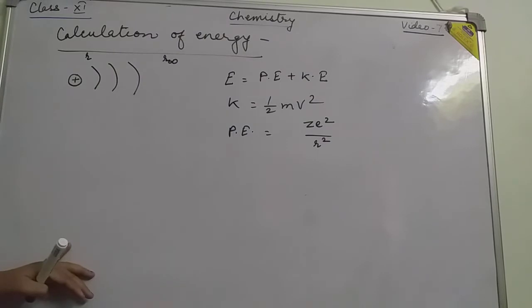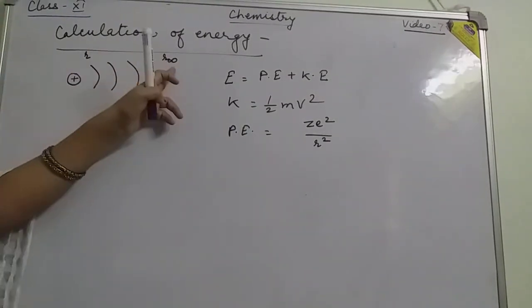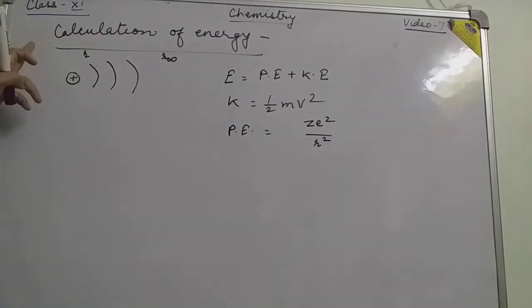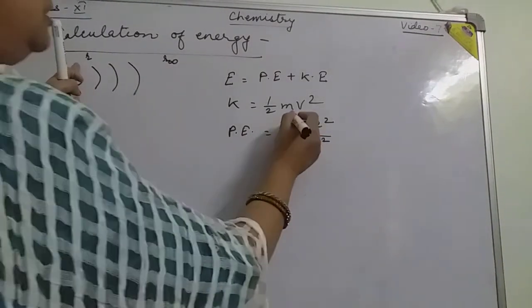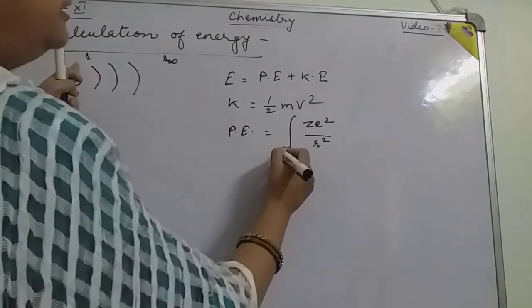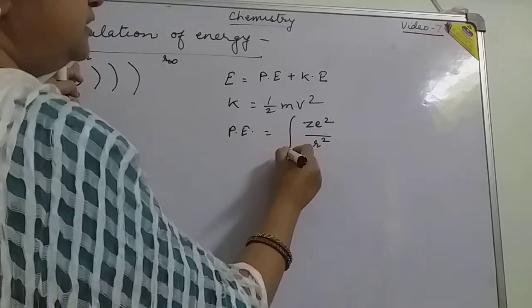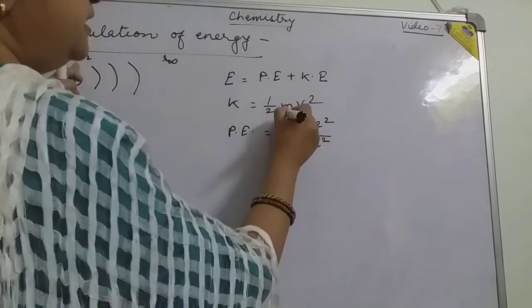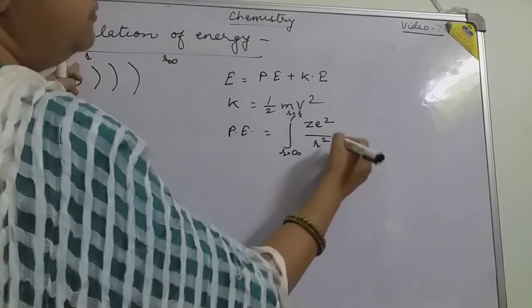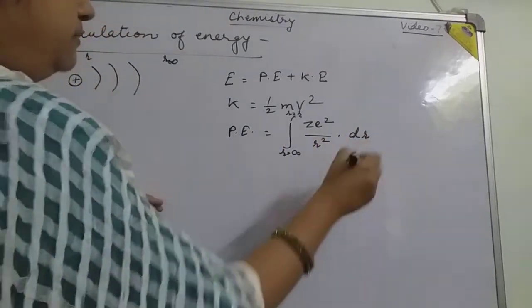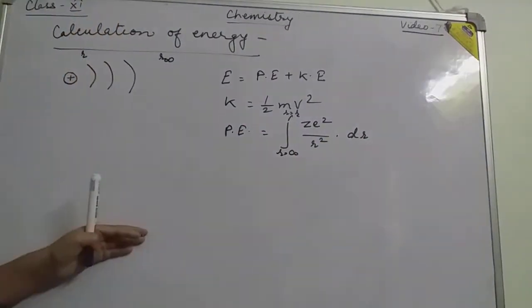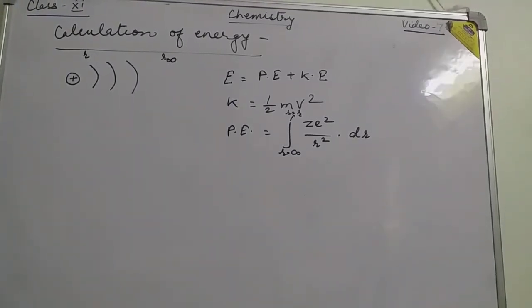To take the electron from infinity to R, we need to integrate this force from R equal to infinity to R, with dr. You know very well the calculation of this, as you did it in maths.